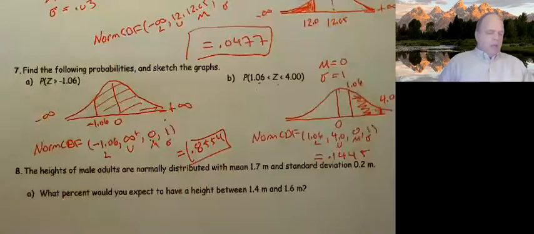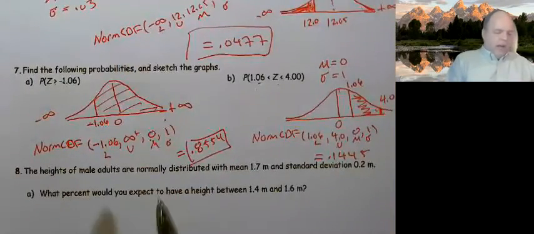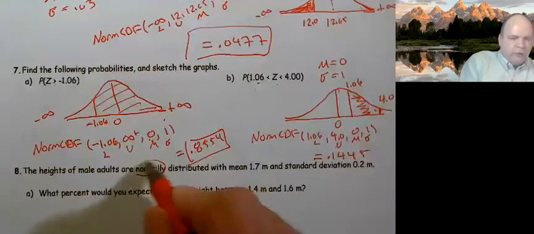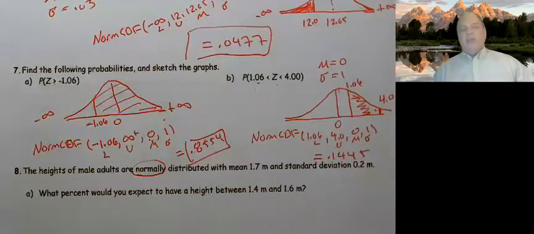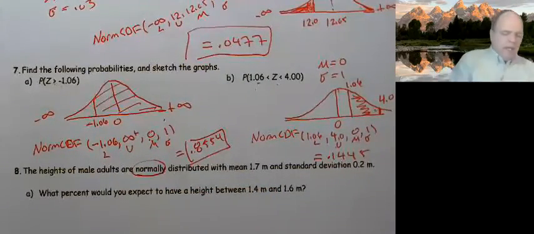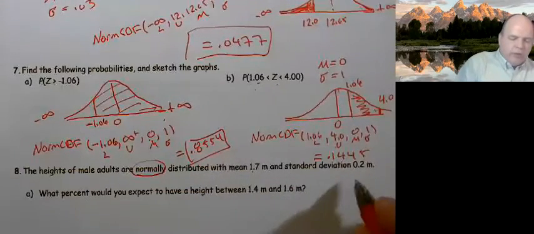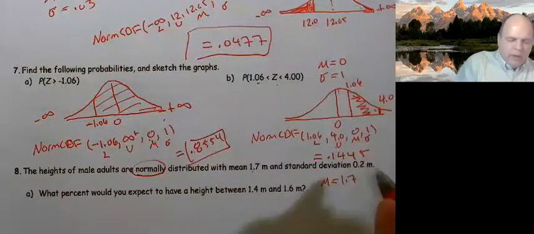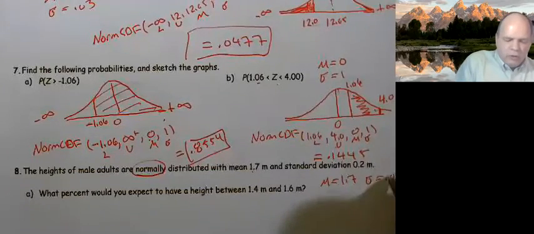Okay. Number 8. The heights of male adults are normally distributed. Hey, there they go. They told us it was normal, so I'm not using a geometric or binomial. Mean of 1.7 and standard deviation of 0.2, not 0.02, 0.2.